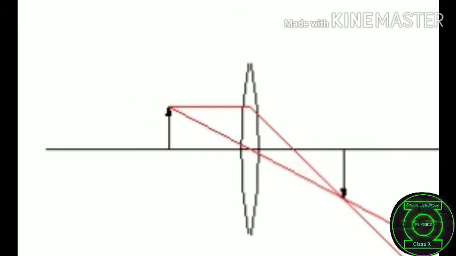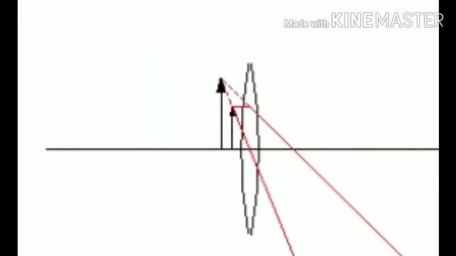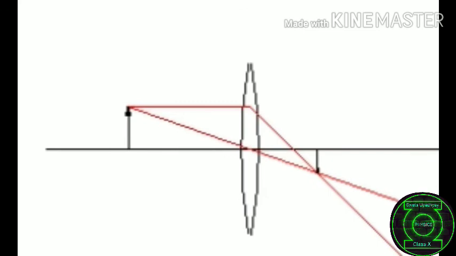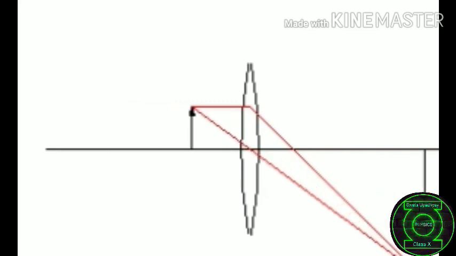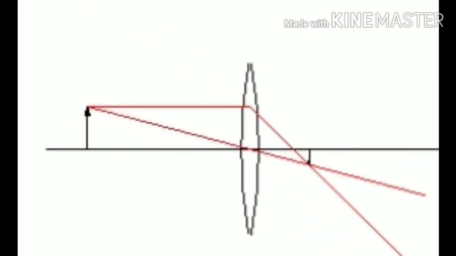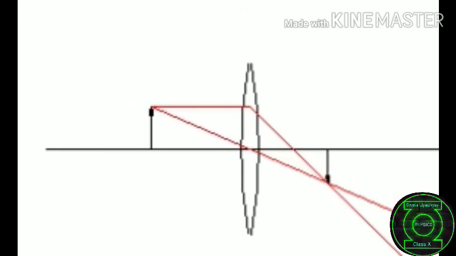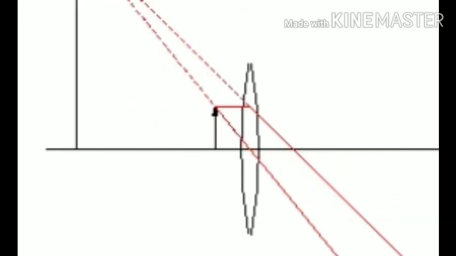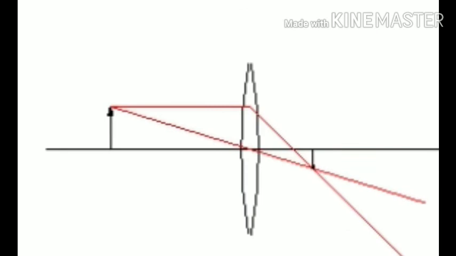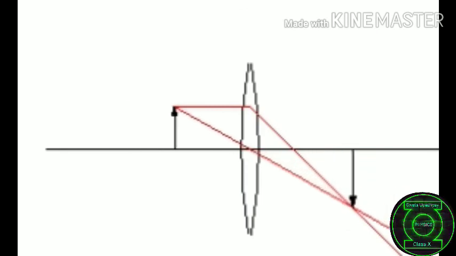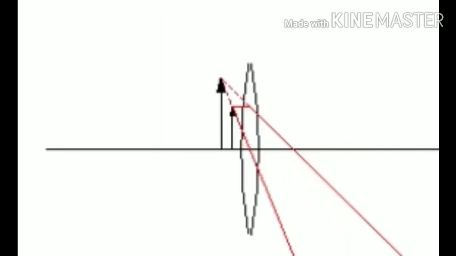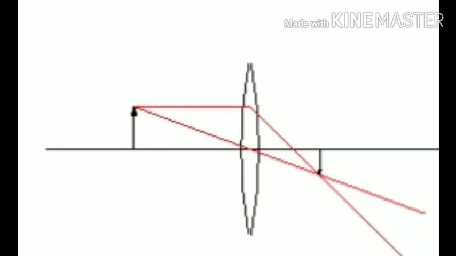From above, we notice that both real as well as virtual images can be formed by a convex lens depending upon the position of the object relative to the lens. The size of the image, magnified, diminished, or same, also depends upon the position of the object.